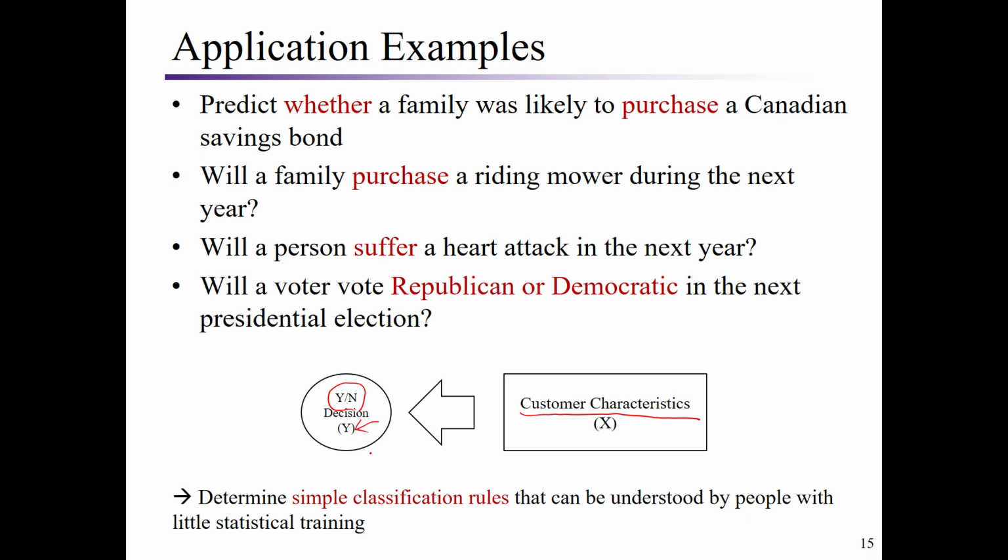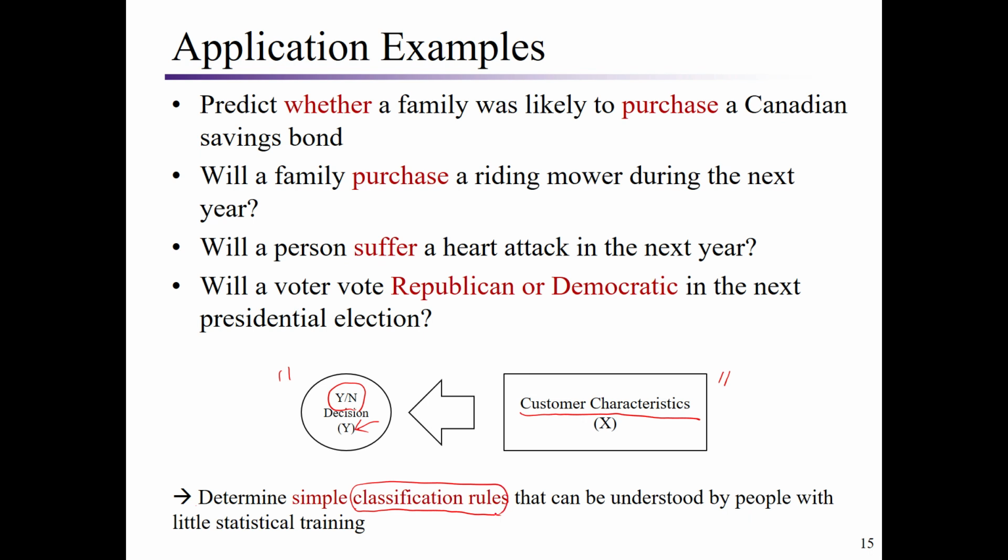All of these examples represent decision tree, and eventually decision tree will determine simple classification rules that can be understood by people with little statistical training, because we will use graphs, and especially because it is related to classification rules.